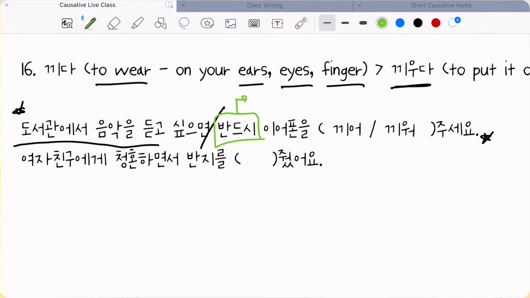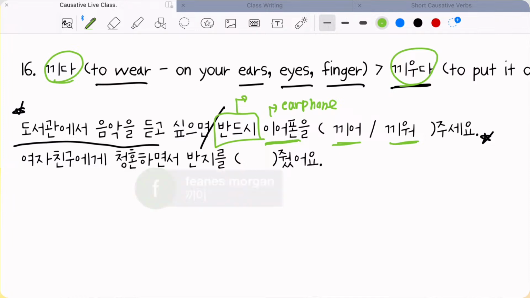So 반드시 you must, earphone is it 끼워주세요 or 끼워주세요? Should you be using 끼다 or 끼우다 in this sentence?